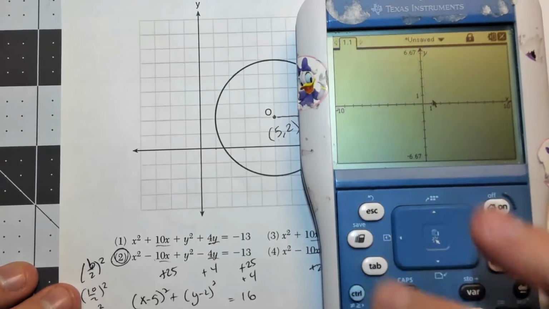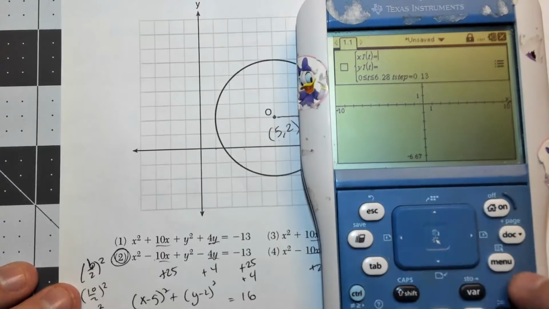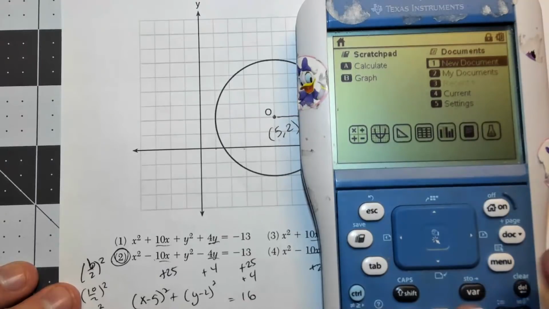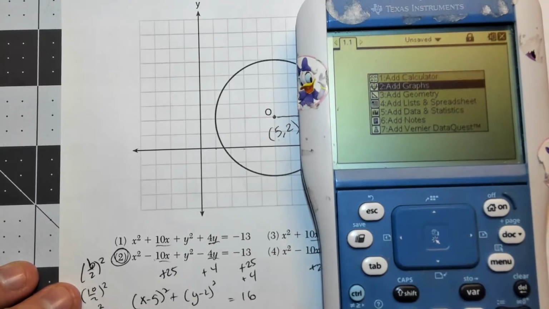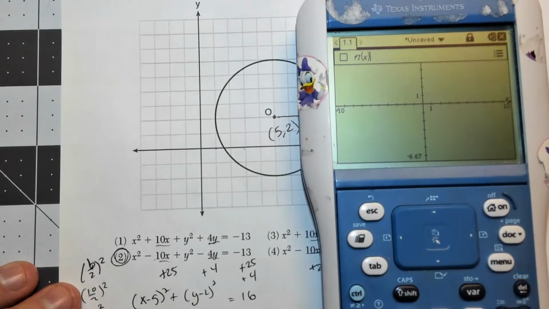If we press tab, okay, let me do a document here. No, I don't want to save. I want to go to a graph. All right, I'm going to delete this and I'm going to graph a relation. So if it'll let me do that, and I'm going to graph this.